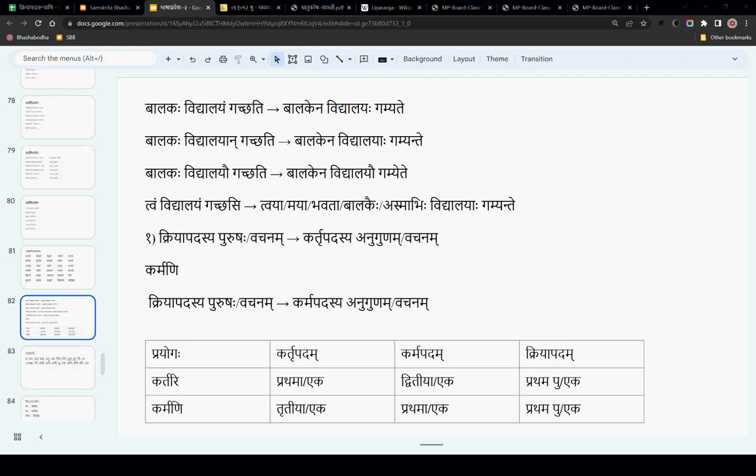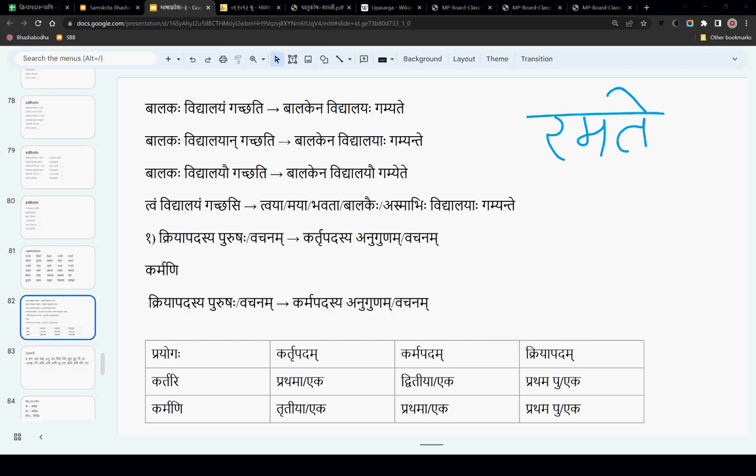Which one? Ichhati? Ichhati is Sakarmaka. Kimapi ichhami aham. And then pruchhati is also Sakarmaka. Chhatra prashnam pruchhati. Then take the atmanepadi ramate, that is Akarmaka.